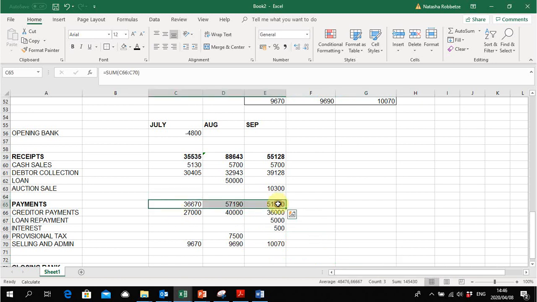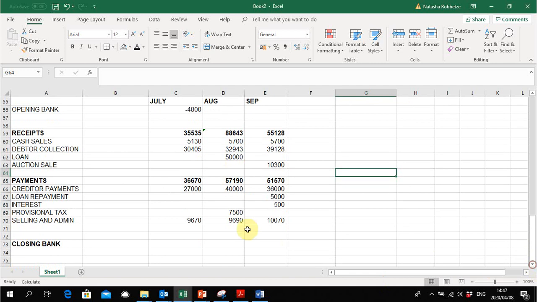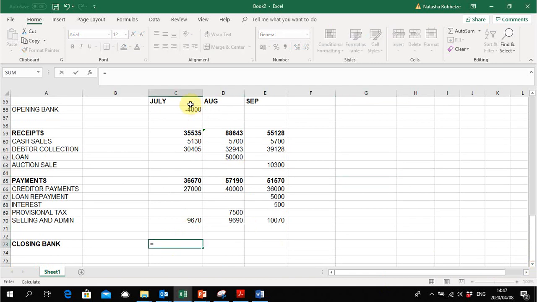And we're just going to bold it. Then closing bank will of course be our opening bank plus the receipts minus the payments.